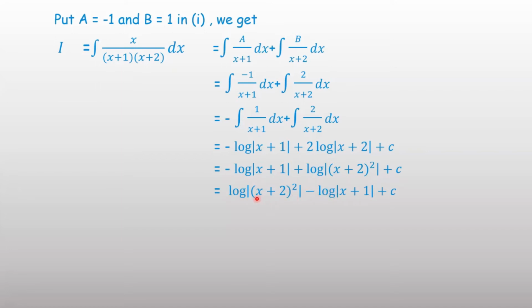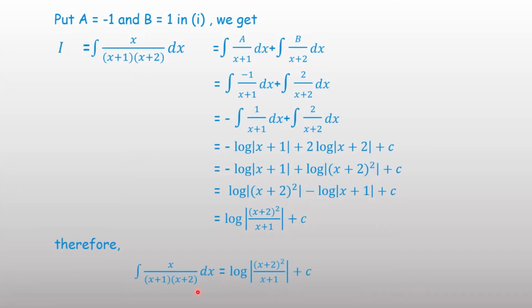Then apply the formula log m minus log n, which is equal to log m upon n, plus a constant c. In this final result, integration of x upon x plus 1 into x plus 2 dx equal to log of x plus 2 whole square upon x plus 1 plus a constant c. It is the first case where two linear factors are given.